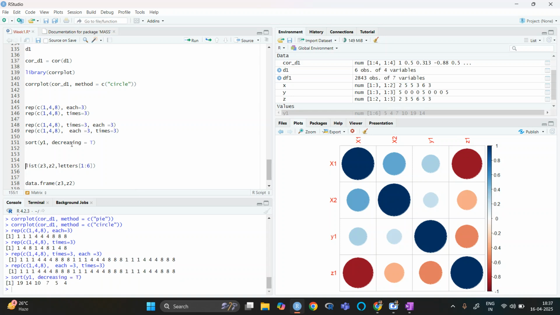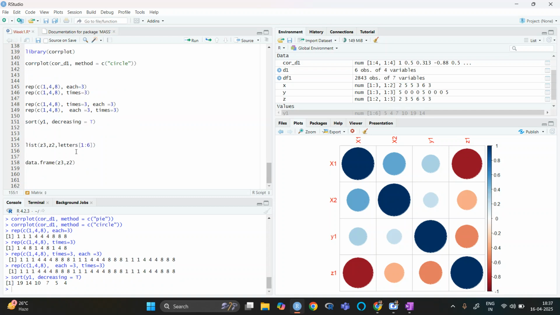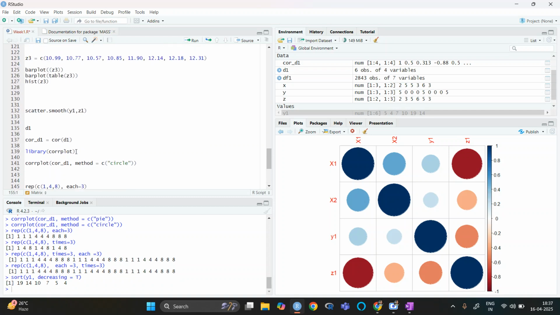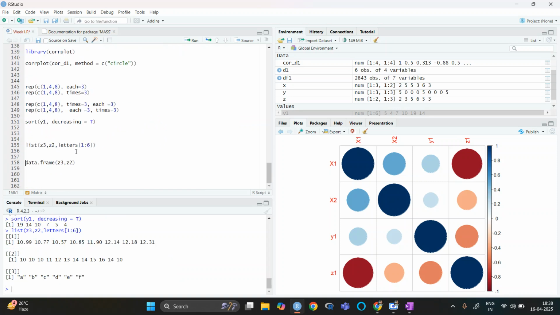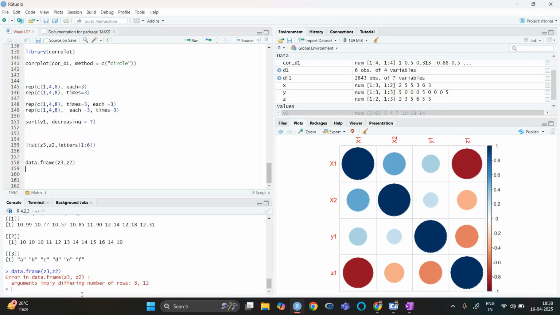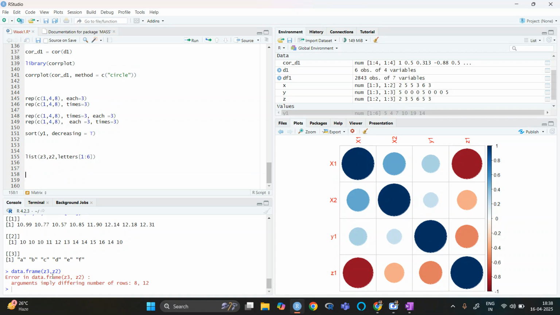Then you can have the sort function. You can just sort your data, and then you can make a list out of your data frame. Okay, so this one is not working because you have a different number of rows.